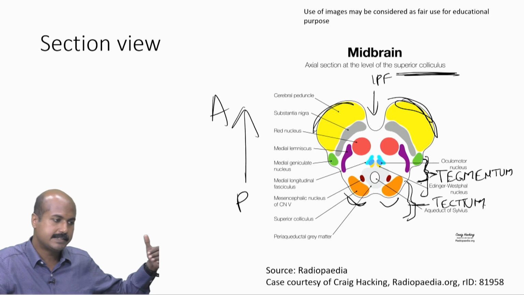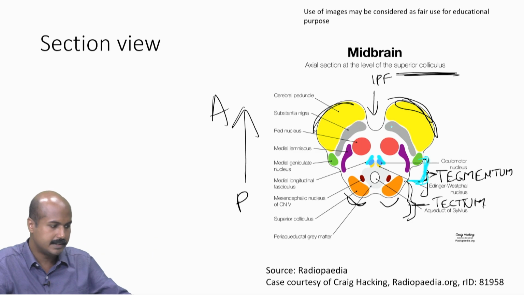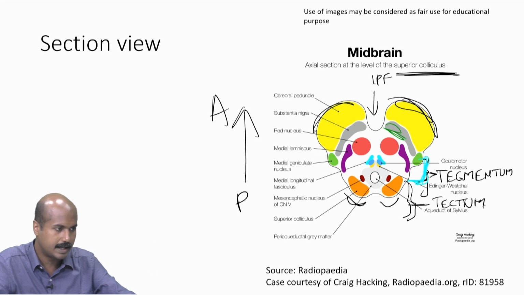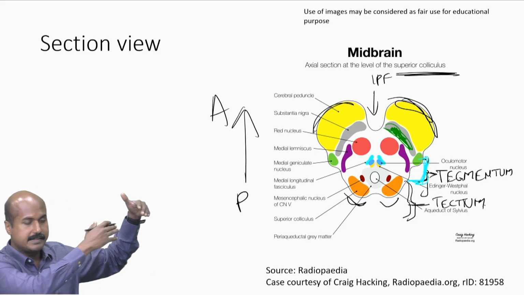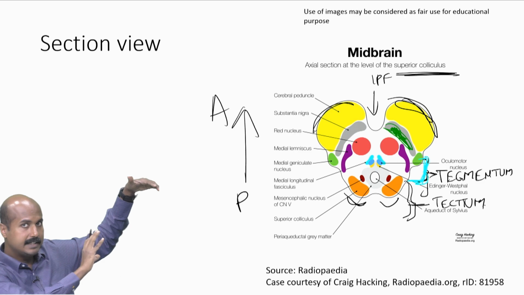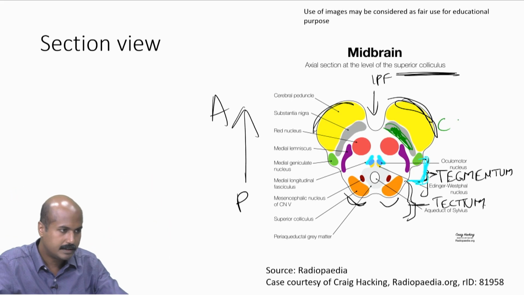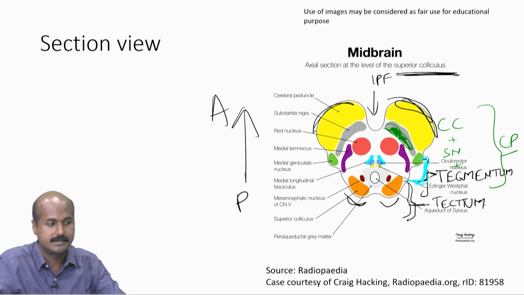Now, between this tegmental part and the crus cerebri, this much region is what is called the substantia nigra. So substantia nigra is kind of sandwiched between the crus cerebri anteriorly and the tegmentum posteriorly, and together the crus cerebri plus the substantia nigra plus the tegmentum is technically what is called a cerebral peduncle.